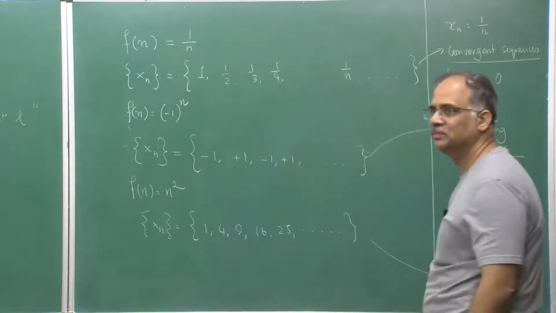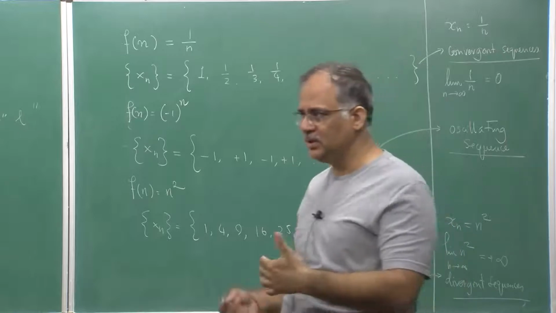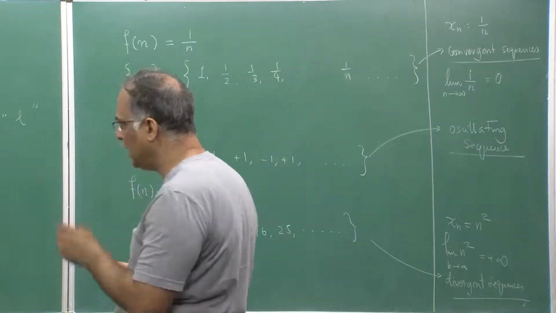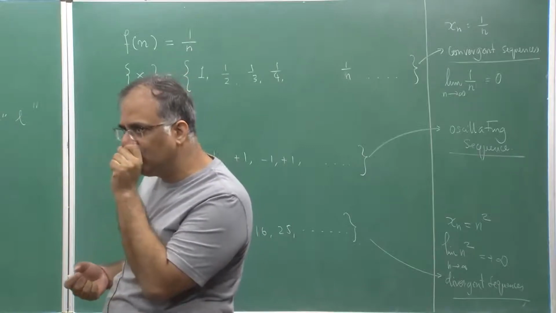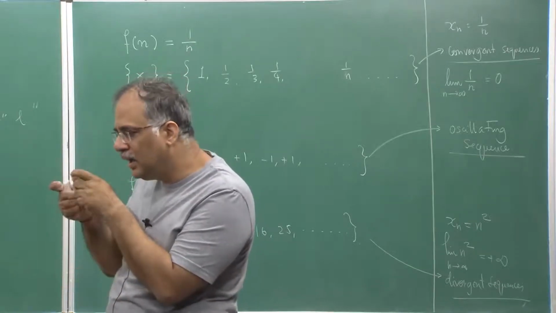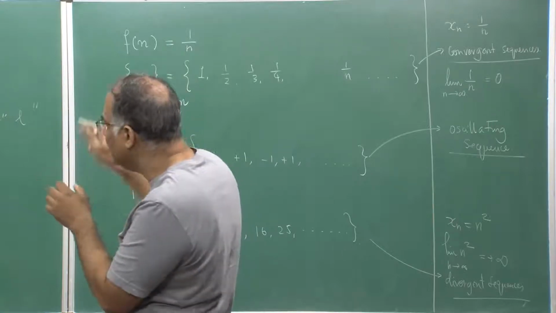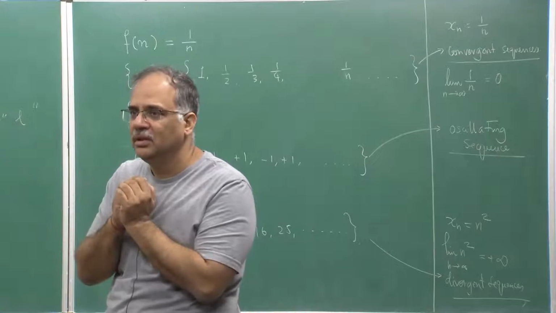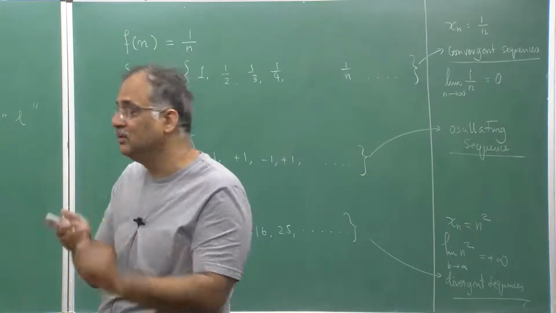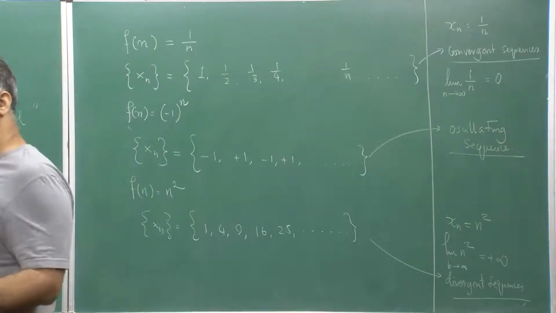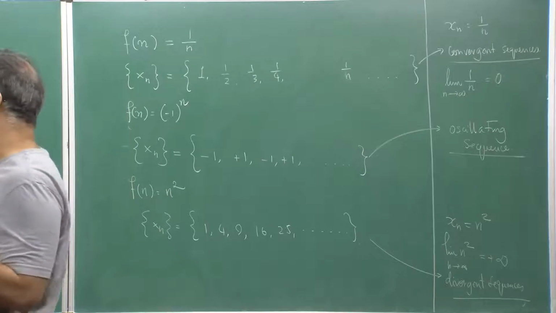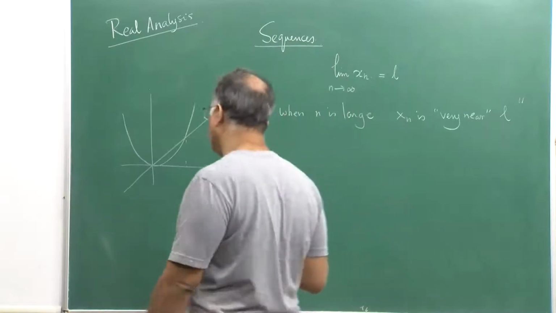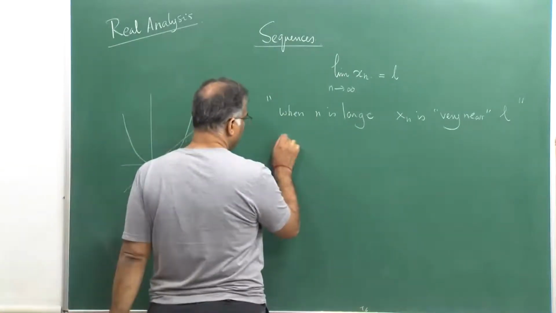The question is so natural: can you find an n for which xn and L are very near? I will give you what very near means, it should be less than some epsilon. Can you find such an n? If you can do that for every epsilon, then you are talking about a sequence being convergent.